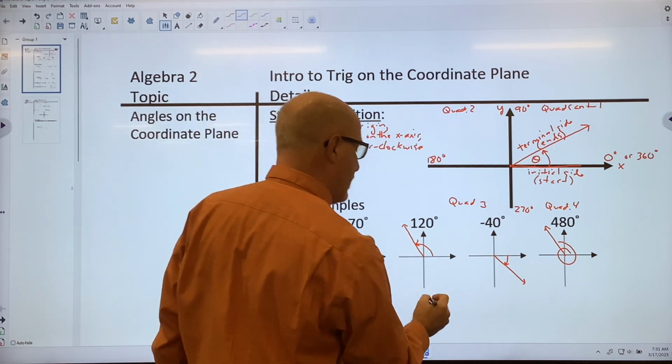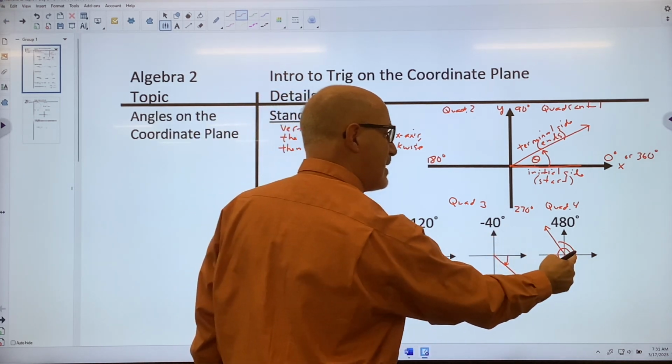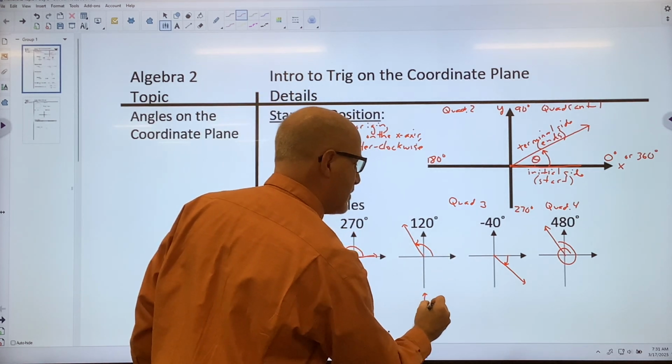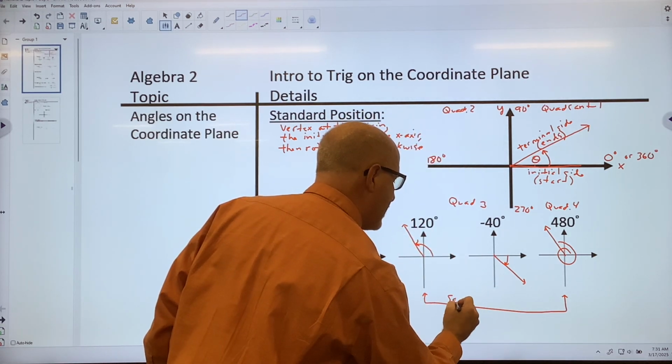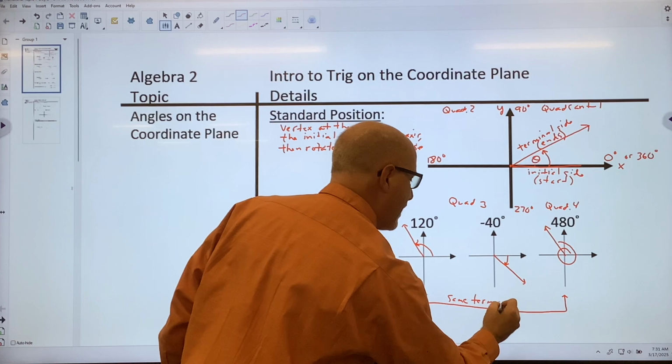So these two actually end in the same place. They have the same terminal side. So this one and this one have the same terminal side.